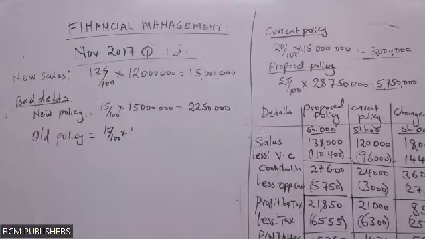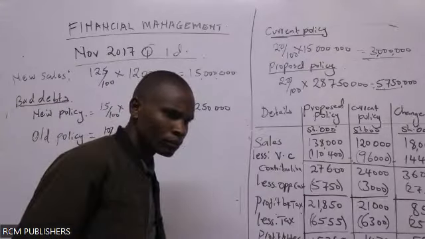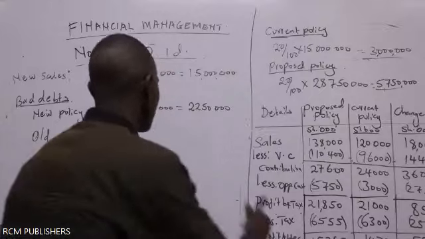Now we need to get the other one. How much will the other one be? Yes, still 15 million.